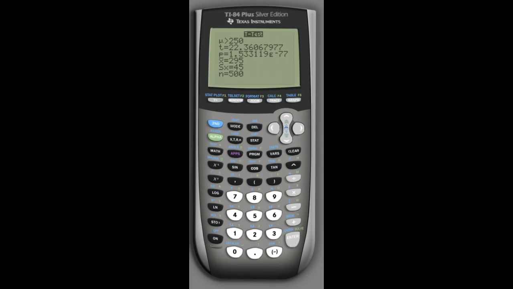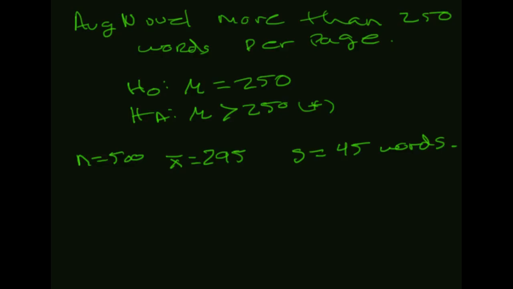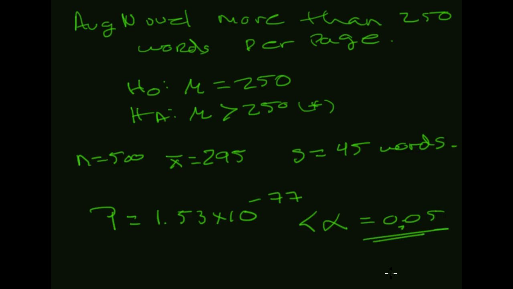Okay, so let's think about what that means in terms of the problem. Okay, so our p-value here was 1.53 times 10 to the negative 77, which is definitively less than my alpha, which is 0.05 in most of the situations in this course.